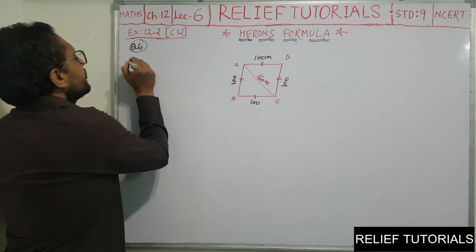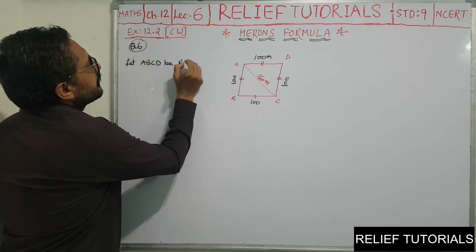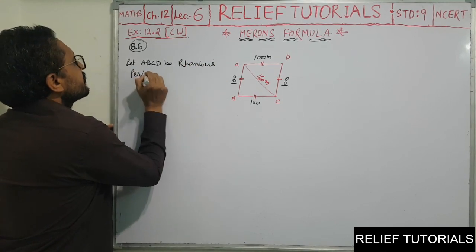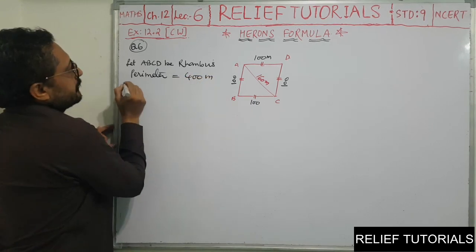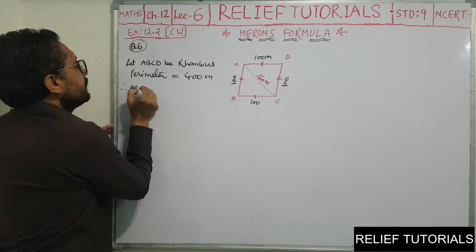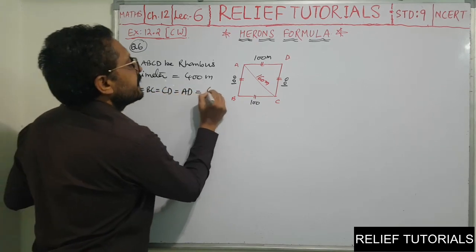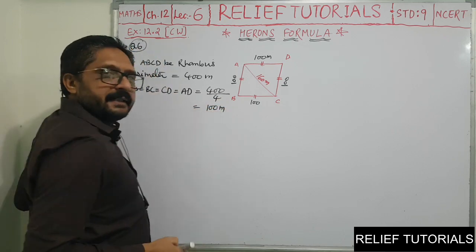So we write here: let ABCD be a rhombus and the perimeter is 400 meter. Therefore, we can say AB is equal to BC is equal to CD is equal to AD, that is equal to 400 upon 4, which is 100 meter.